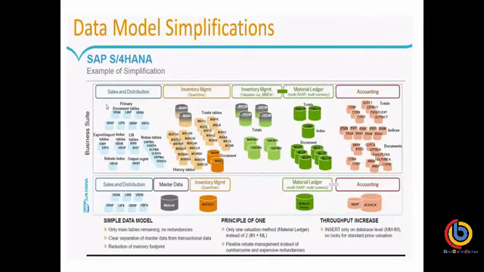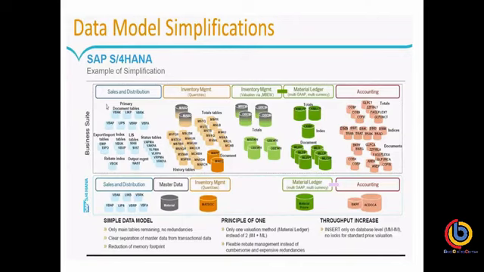So two things here. One, the entire table has been replaced, or most of the tables have been eliminated and a few tables are there to store the information. It doesn't mean the table only stores the information that was stored earlier. No, most of the fields have been merged into the current table.